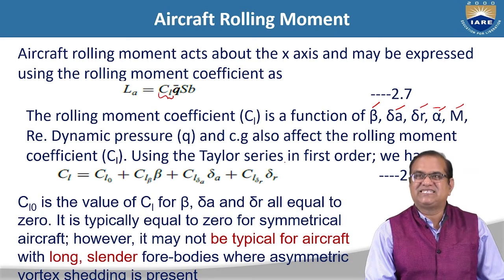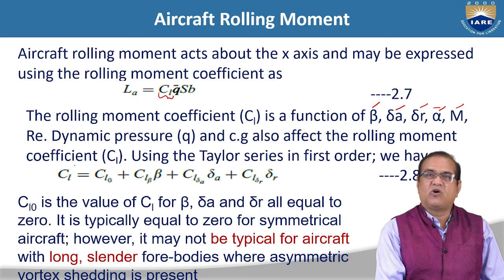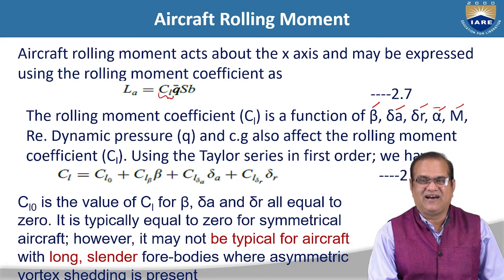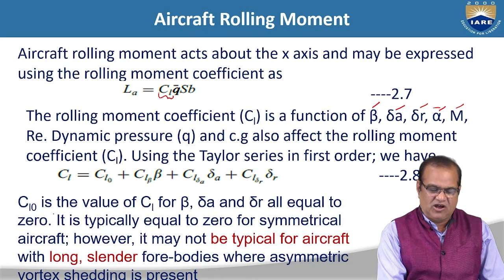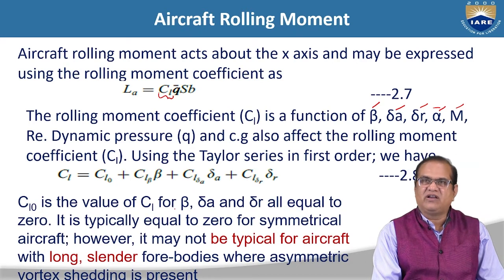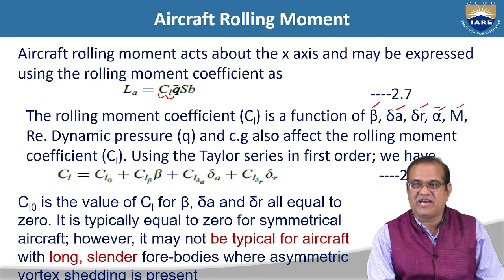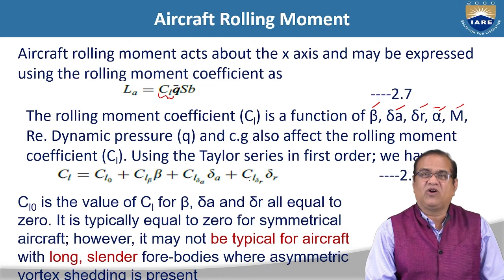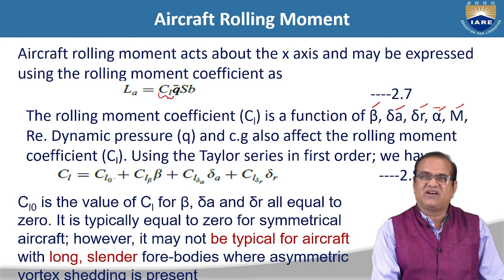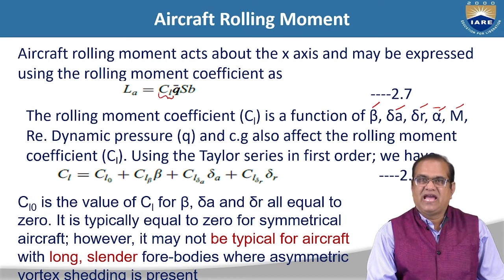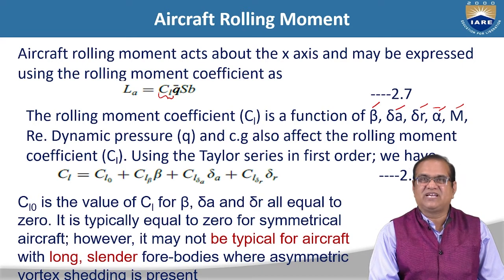Using the Taylor series in first order, we have the coefficient of moment C_L equal to C_L0 plus C_L beta times beta plus C_L delta A times delta A plus C_L delta R times delta R. Here C_L0 is the value of C_L when beta, delta A and delta R are all 0, and whatever value you get for the coefficient of rolling moment is called C_L0. For a symmetrical aircraft, C_L0 will be 0.